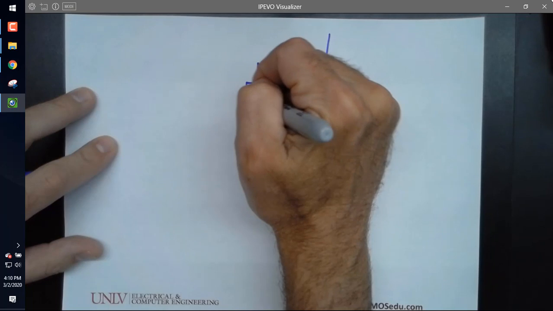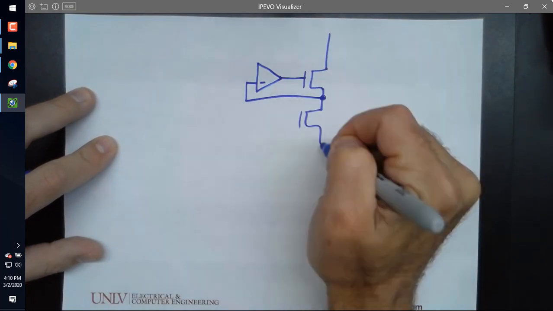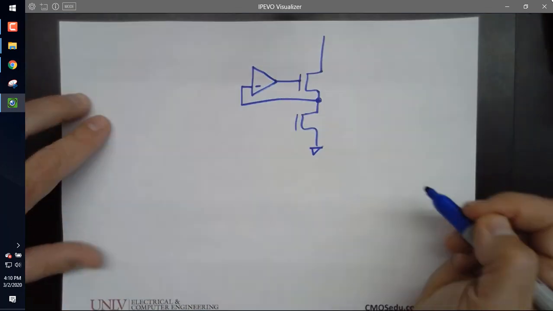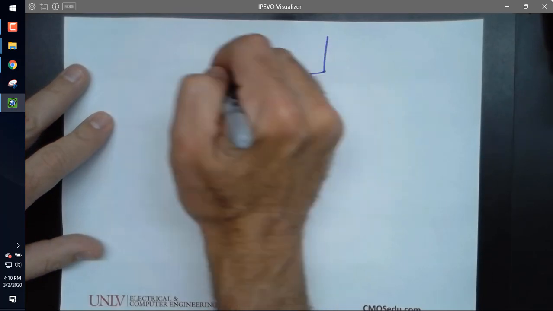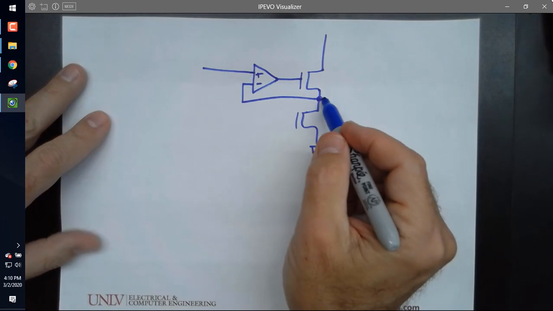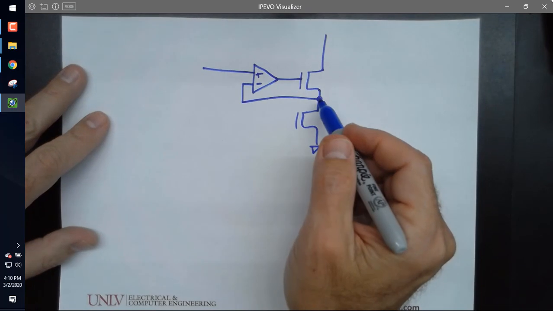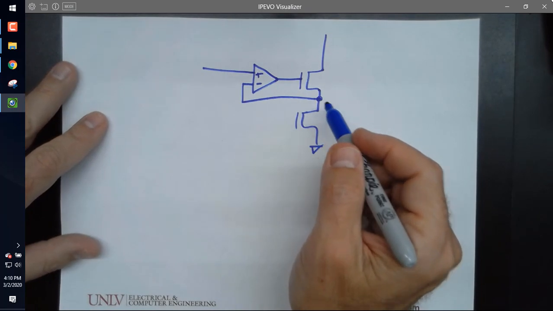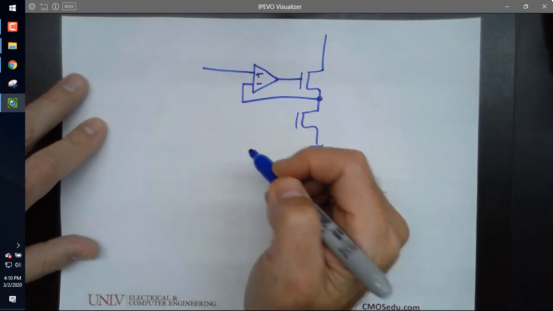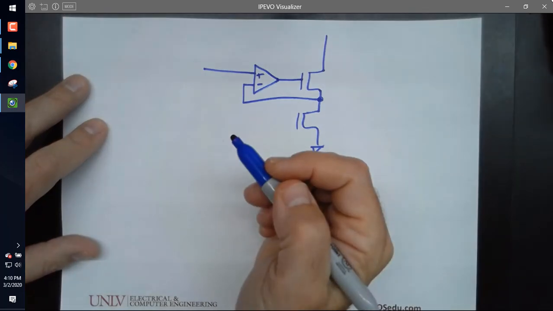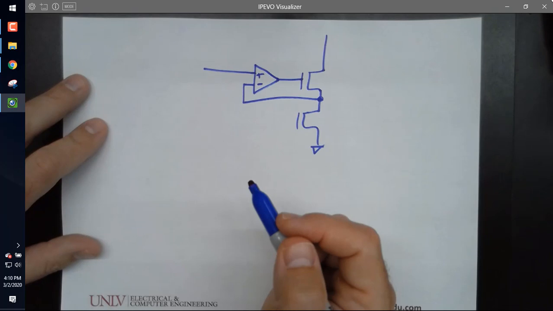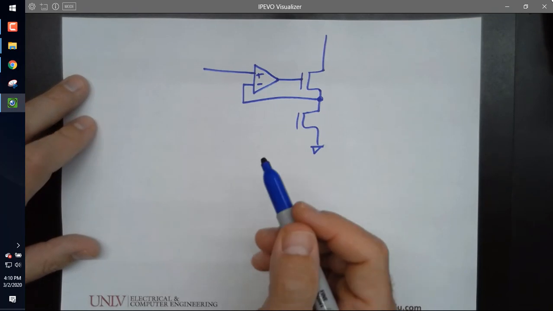I'm going to have negative feedback. And then there's that. And then I come over here. And what do I want to pin that voltage to? VDS sat. So here's what I'm going to do. I'll draw it out and then I'll show you on our biasing diagrams.